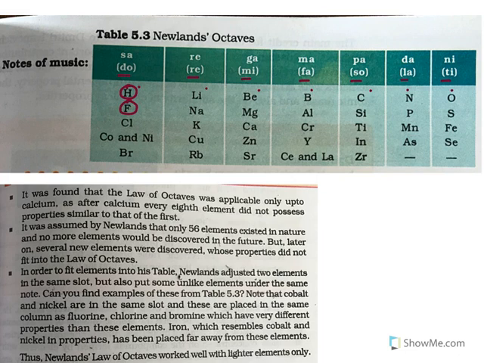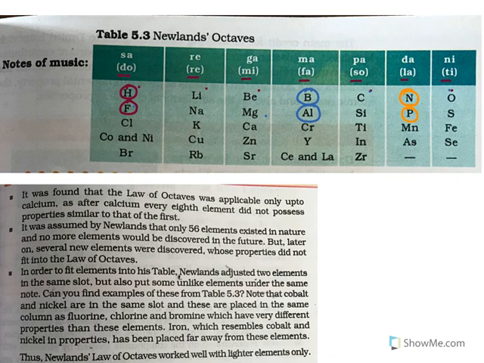Similarly, if we start counting from, say, boron here, we count 1, then 2, 3, 4, 5, 6, 7, it will come to aluminium, the 8th. Then same thing if we start with nitrogen, the next 8th element will be phosphorus. So this was Newton's law of octaves.